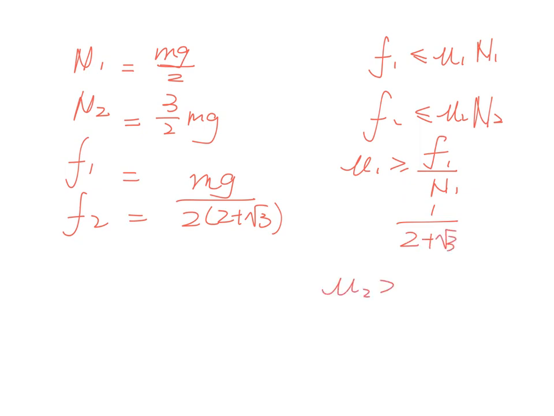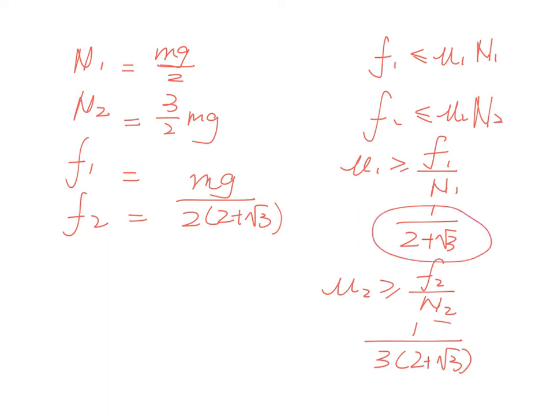Mu2 is greater or equal to F2 over N2, which is 1 over 3 times (2 plus square root of 3). These two numbers are our answers here. Thank you for watching.